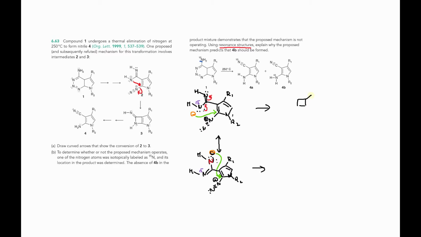Then I'll show you where the isotope nitrogen is located. Over here it acts as a nucleophile, so let me use a color. That nitrogen I'm going to make purple, and that purple should be right up here.